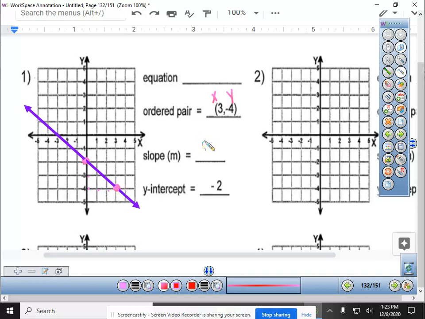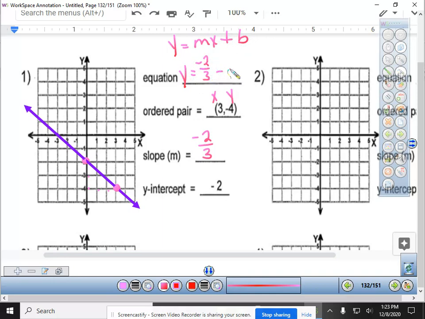What is it? -2 over 3. And so now our equation is going to be in this form. Y equals, what's the slope? -2/3 minus 2. I'm sorry, what'd I forget? The x. Negative 2/3 x minus 2.